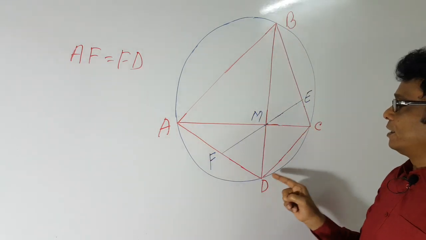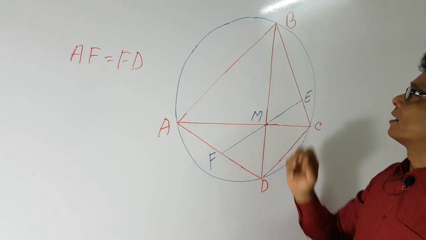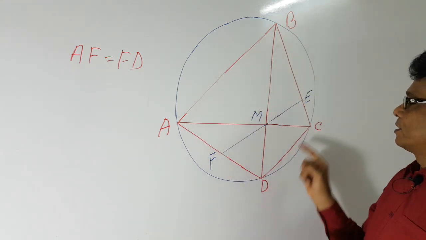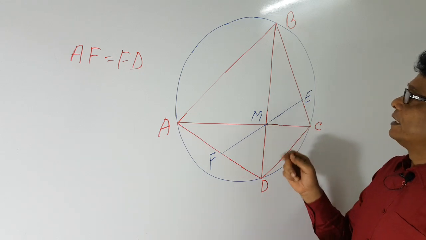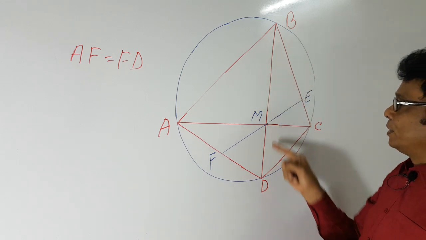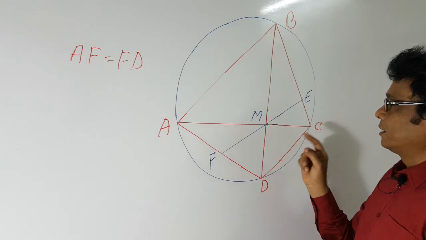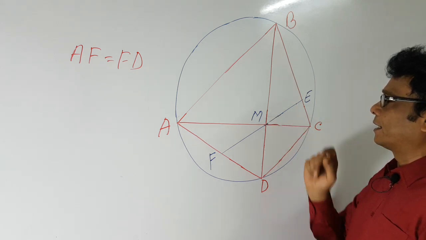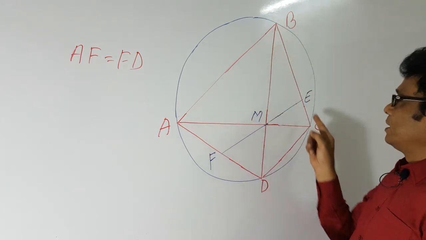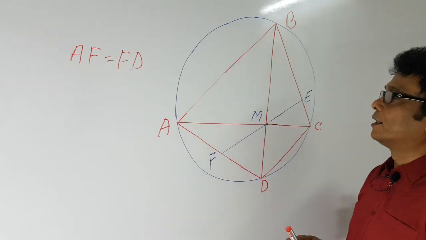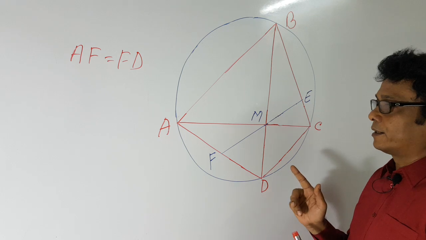ABCD quadrilateral is inscribed in the circle.